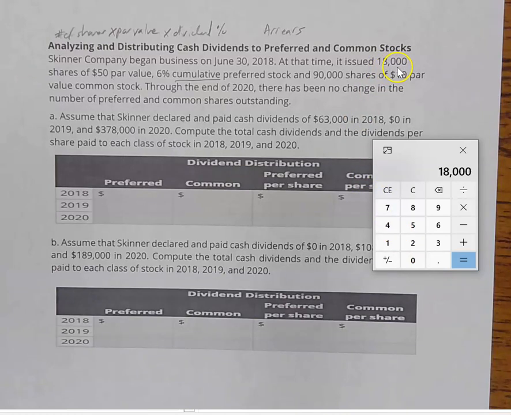So 18,000 is the number of shares. Multiply that by the par value per share times the percentage of 0.06, and that's going to give us $54,000. Okay, $54,000.